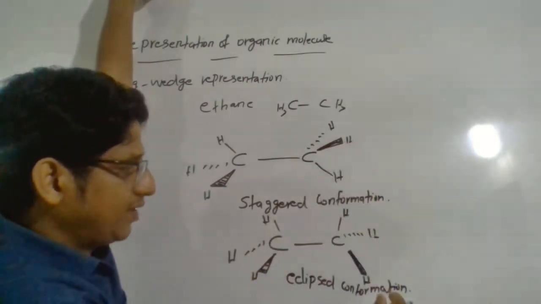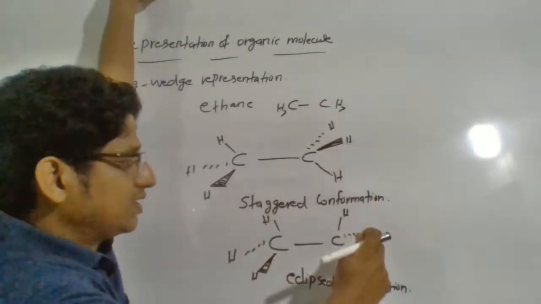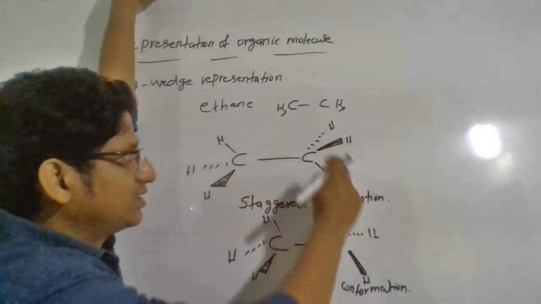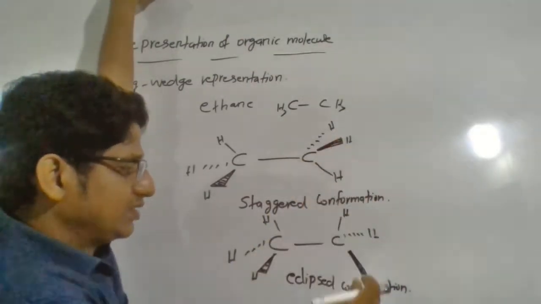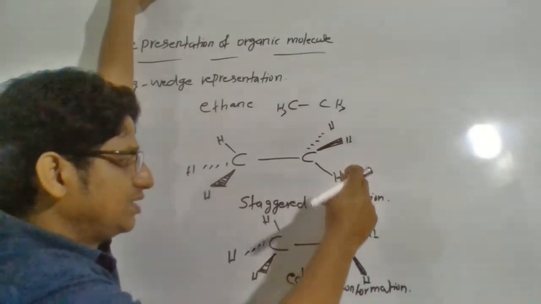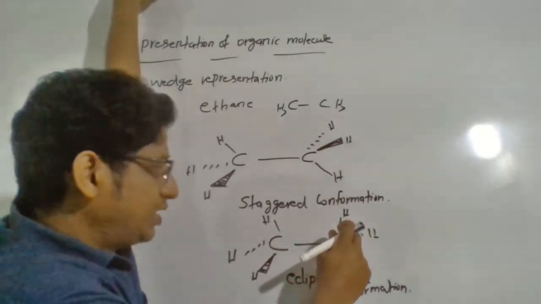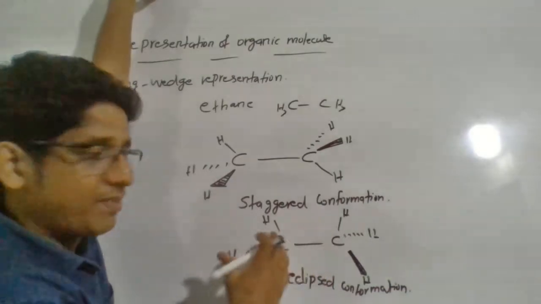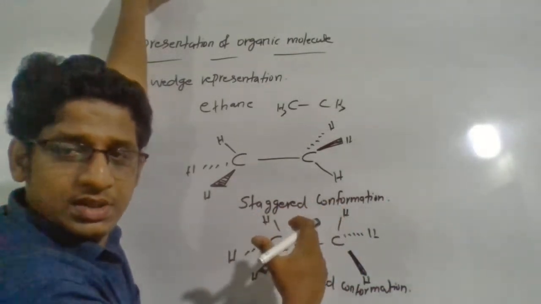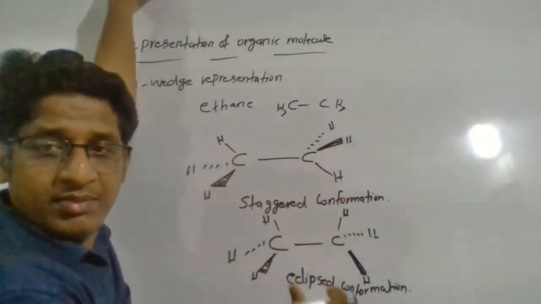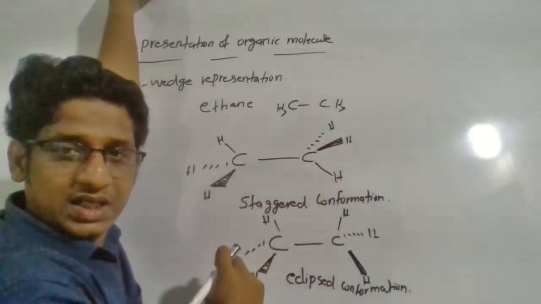Look at what's the main difference here. Here the dashed line hydrogen is here. Now these thick lines are coming here, and this hydrogen in the plane is coming here. So here you will observe the maximum repulsion between the hydrogens of nearer carbon atoms, and here you will see a minimum repulsion, that we call staggered conformation.